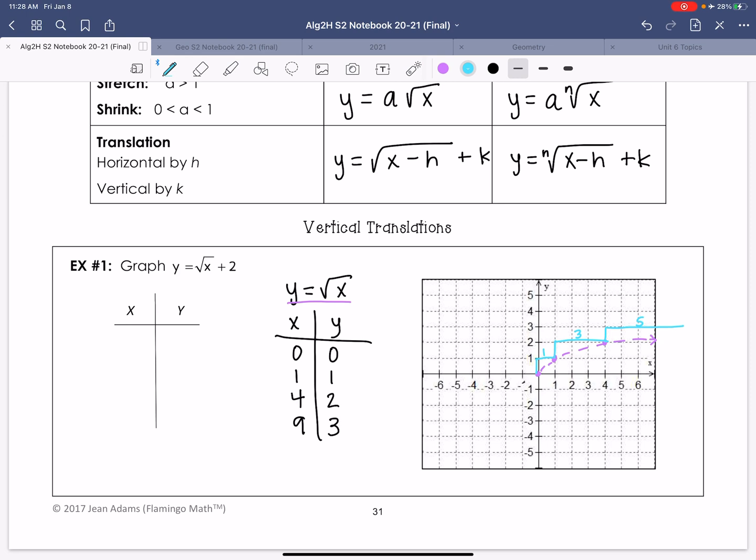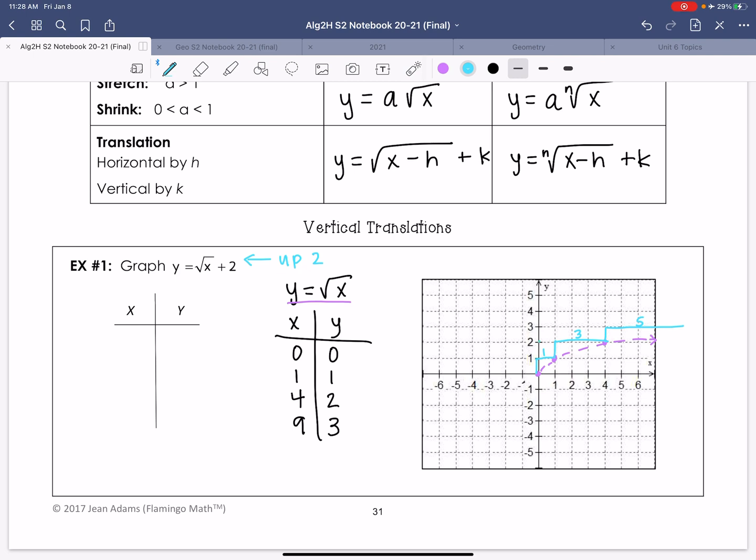And now, based off of that parent function, we can just use our transformations to graph our next one. So this guy right here, oh, we can keep using blue. This plus 2 on the outside, that is a vertical shift, and that is telling us to go up 2. So all of these points are literally just going to move up 2.